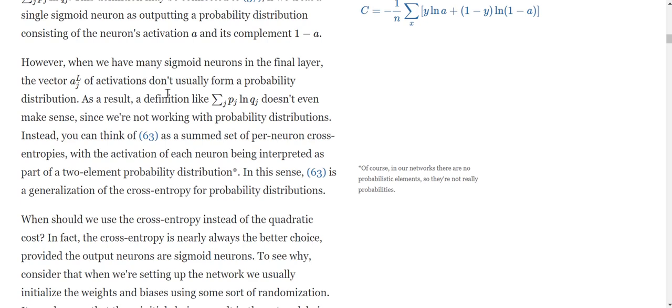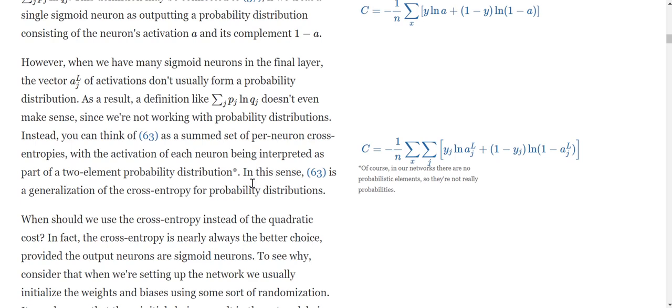As a result, a definition like the sum over j of Pj ln Qj doesn't even make sense, since we're not working with probability distributions. Instead, you can think of 63 as a summed set of per-neuron cross entropies, with the activation of each neuron being interpreted as part of a two-element probability distribution. In this sense, 63 is a generalization of the cross entropy for probability distributions.